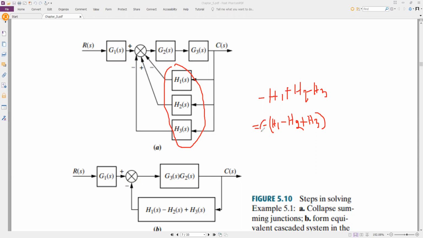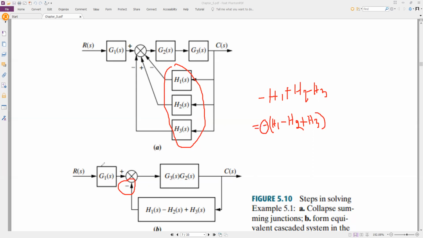And here we'll take the minus symbol as common. So H1 minus H2 plus H3, these would be the one subsystem from these three. But as those are parallel, it would be summation. Okay, and those will be multiplication.